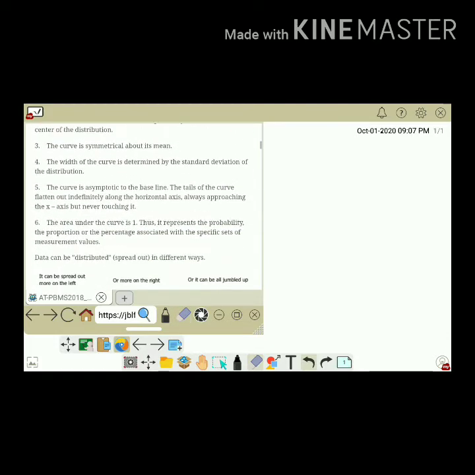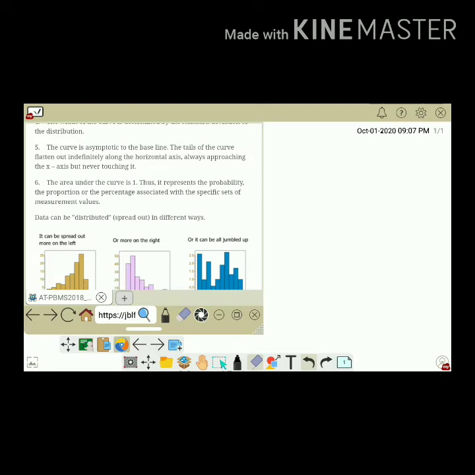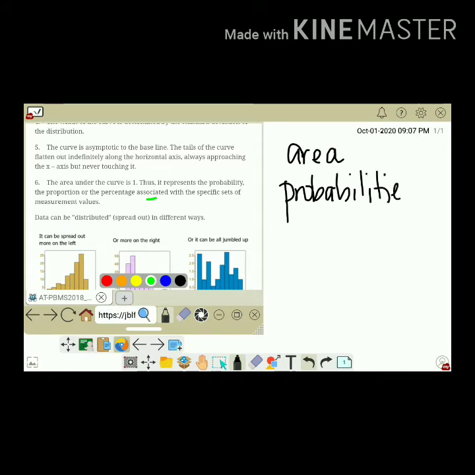Next, does the area represent probability, proportion, or percentage? Again, class, when we say area, that is the same as saying probability, proportion, and percentage.